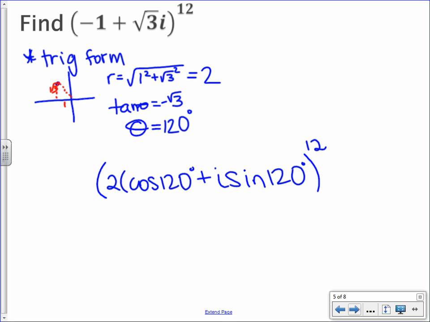So now what we can do, this 2, what do we do with the 2? 2 gets the 12th power. And what do we do with the angle? Okay, so what's 120 times 12?